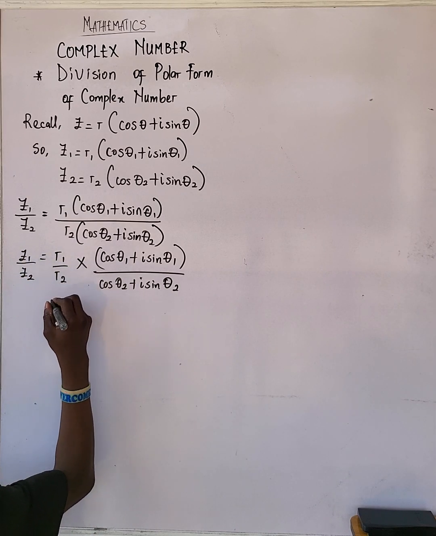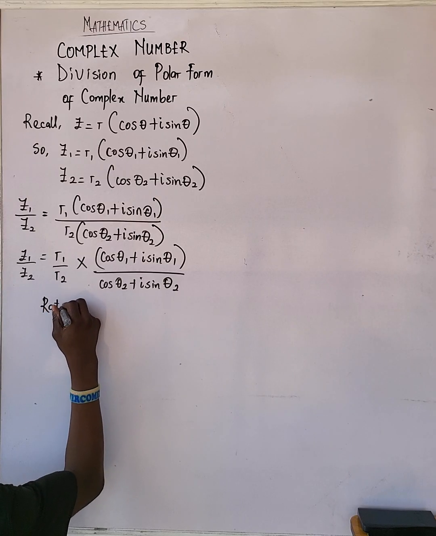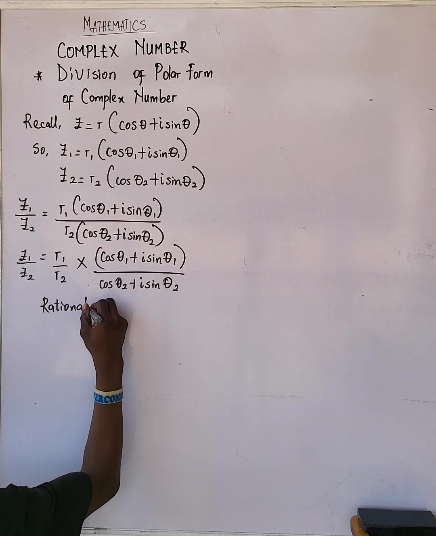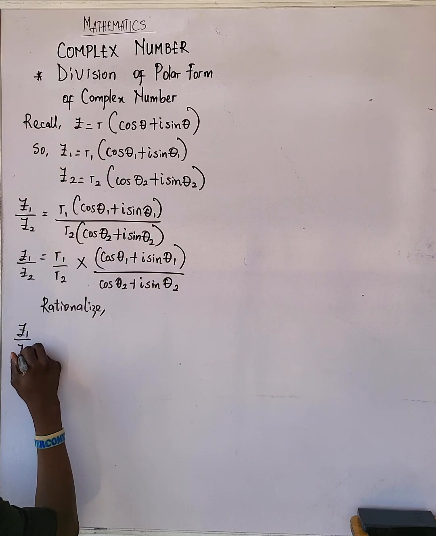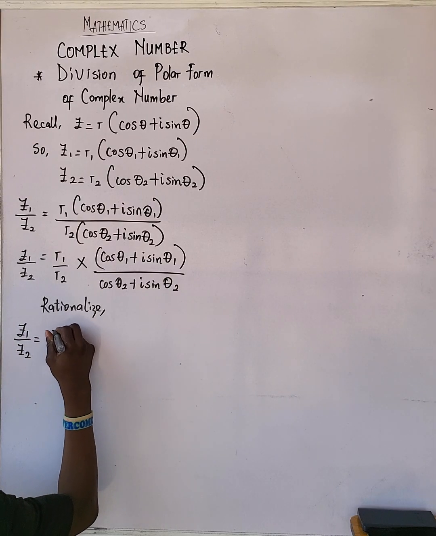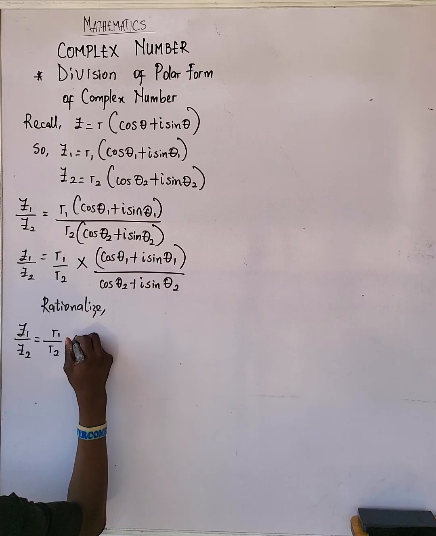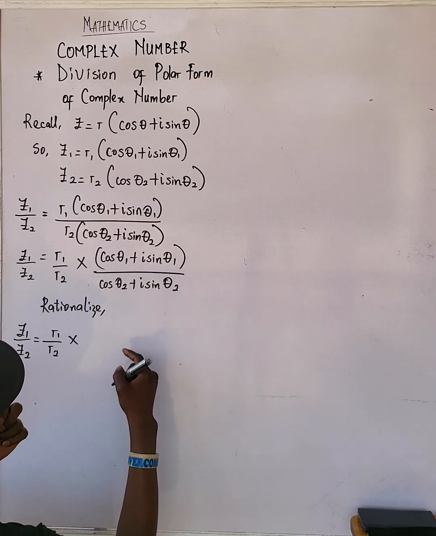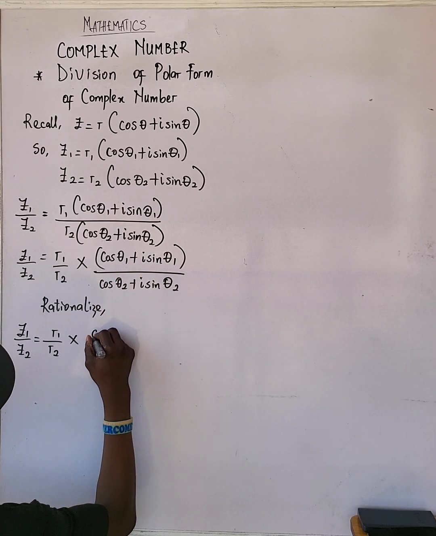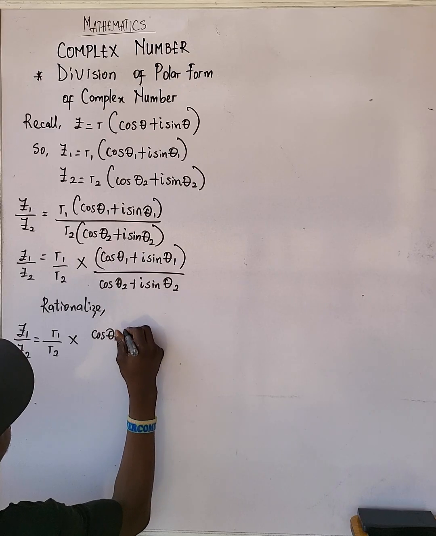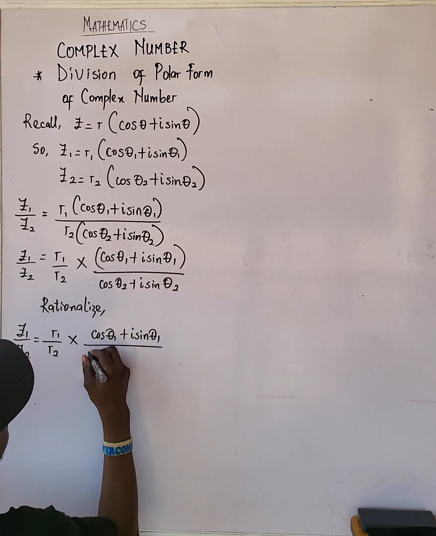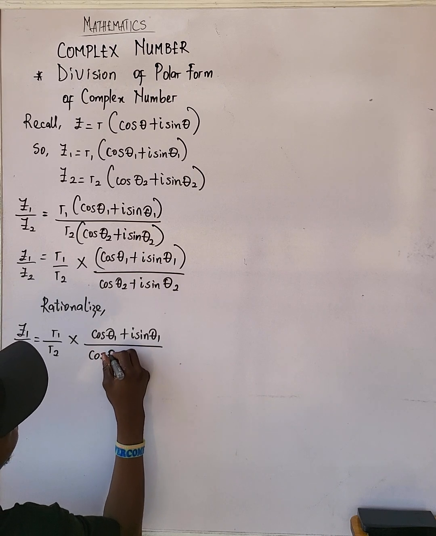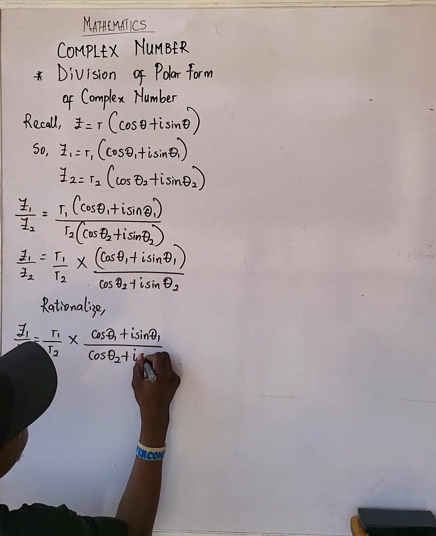So when we rationalize now, what are we going to have? We're going to have z1 over z2 equals r1 over r2, then multiplied by, so it's only this part we are going to rationalize. So we have cos theta 1 plus i sin theta 1 over cos theta 2 plus i sin theta 2.